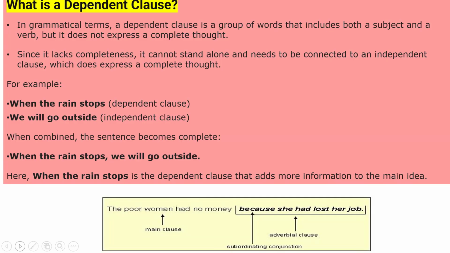The dependent clause is of three types. We will learn in the next videos of this series the adverbial clause, adjective clause, and noun clause. Because is a subordinating conjunction. We have understood in the previous slide that in a dependent clause we use subordinating conjunctions, commas, and semicolons.